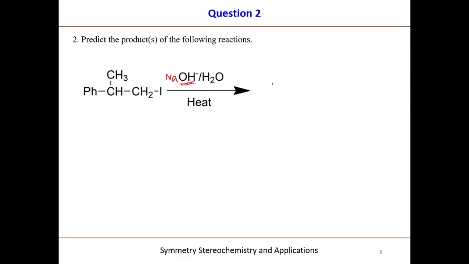The reaction will follow the SN2 mechanism, that means a bimolecular reaction, where bond breaking and bond making take place simultaneously. We have the halogen iodine as a leaving group. So the product for the first step, with this strong nucleophile, will be the SN2 mechanism product.